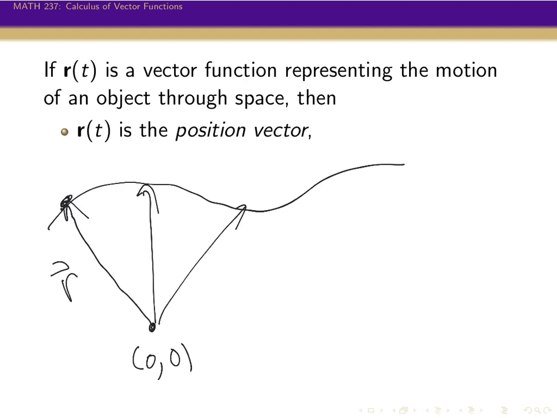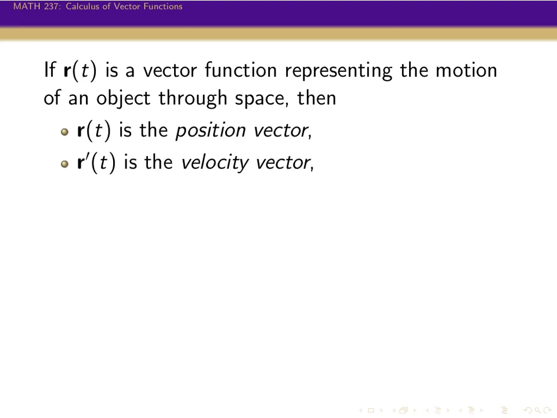So this truly is what r of, say, t0 is, r of t1, r of t2. And as it moves all the way along, r of t is vectors going from the origin towards where the object is on the curve. Okay, so it's pointing from the origin to the curve.